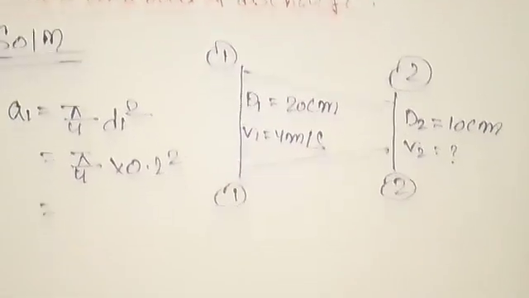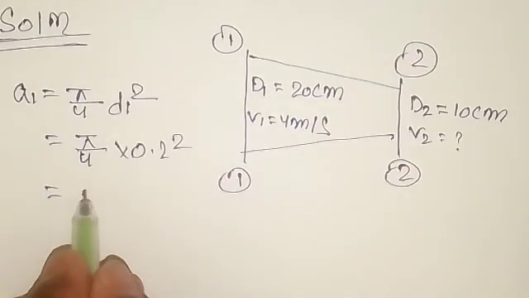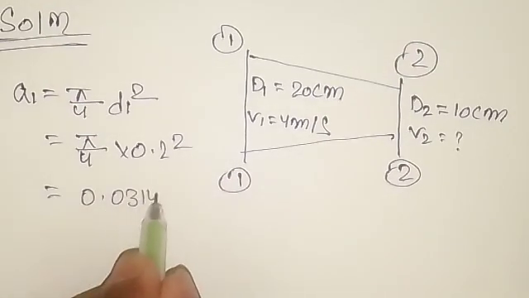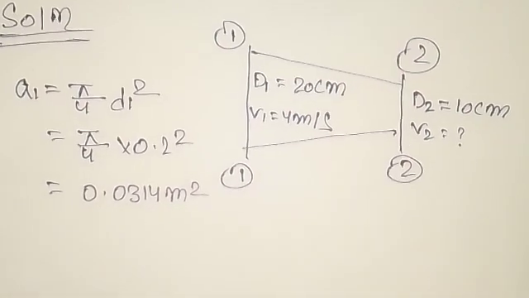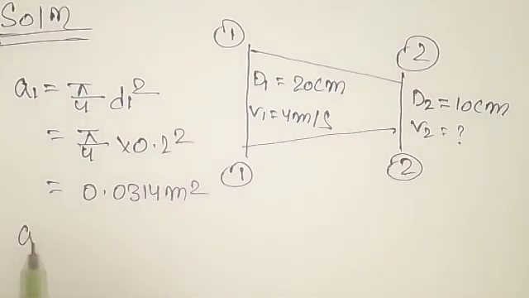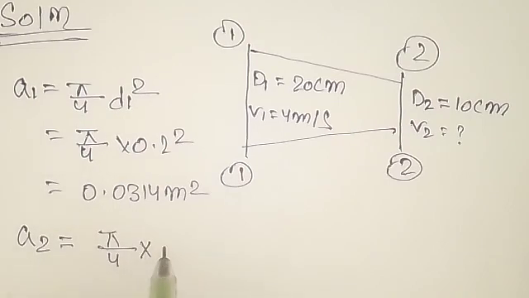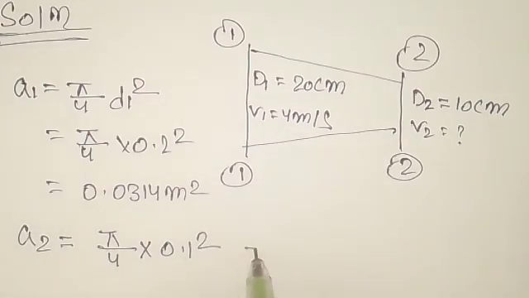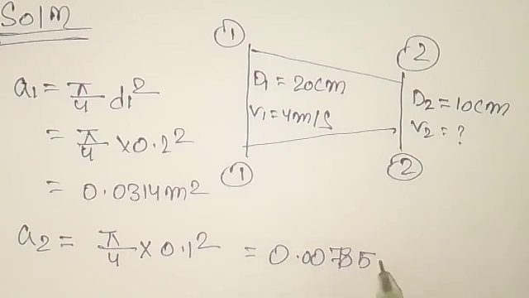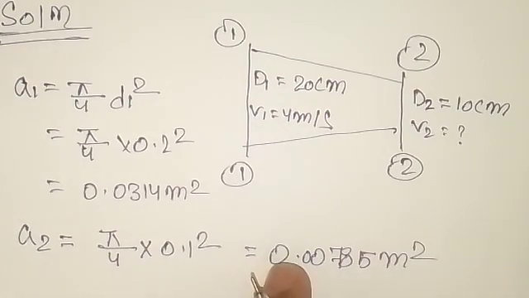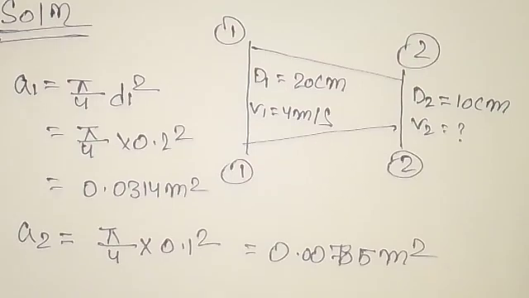You'll get the area a1 is equal to 0.0314 meter square. Similarly you can find out a2, which is pi by 4 into d2 squared, that means 0.1 whole squared. So this area is 0.00785 meter square, the area at section 2.